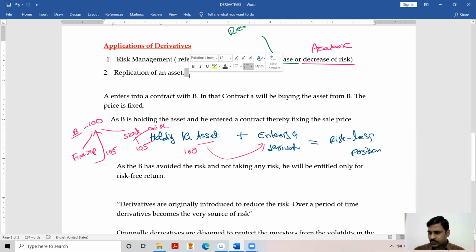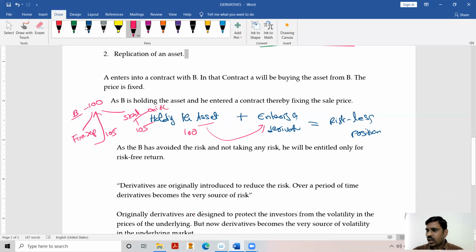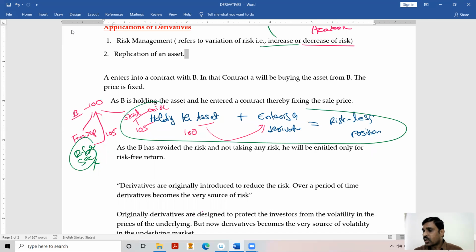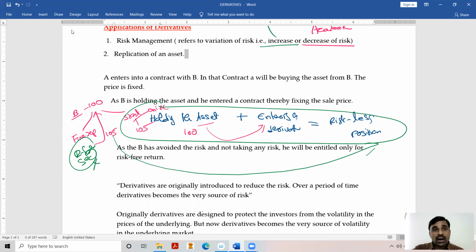That means if the fixed deposit or the risk-free securities are not available, I can still do this. I can purchase the stock and enter a derivatives contract, so that I get the same effect. That means on my own I have created a risk-free asset.